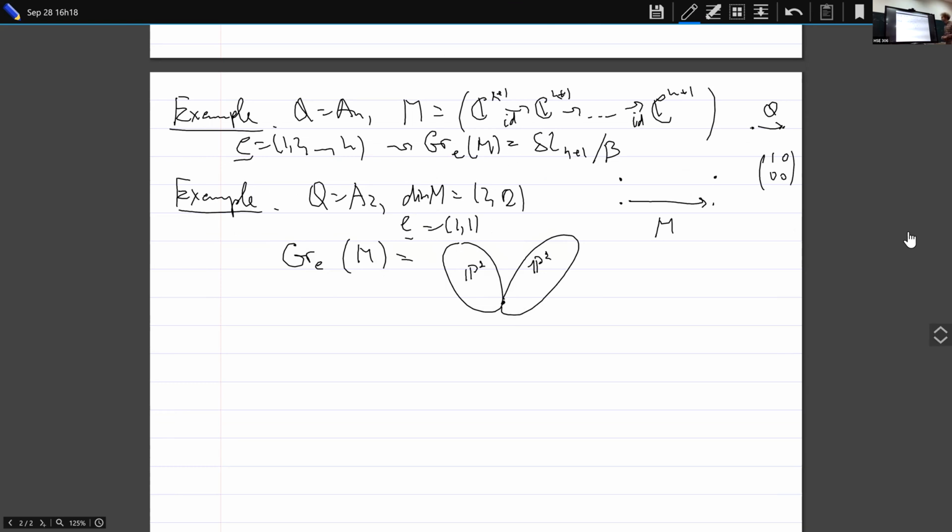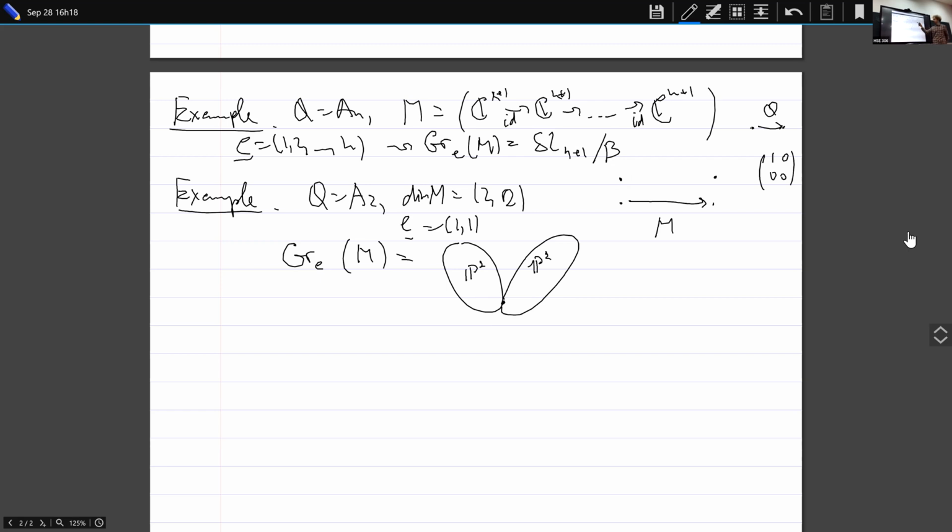Well, it's actually clear, because you can see that we want to fix a one-dimensional space here. If your one-dimensional space is this point, then you can choose whatever you want here, and this gives you one P1.